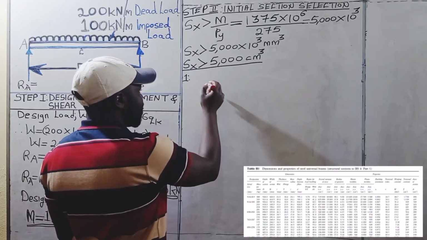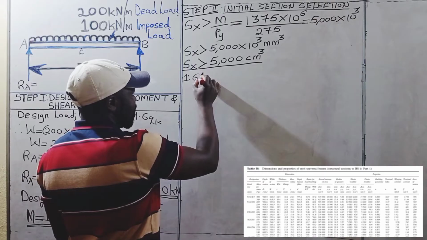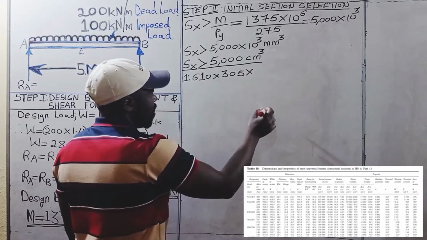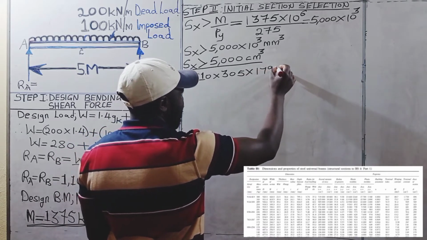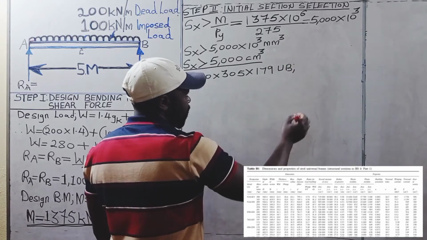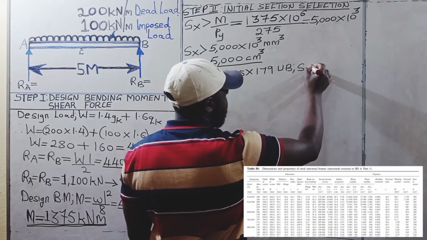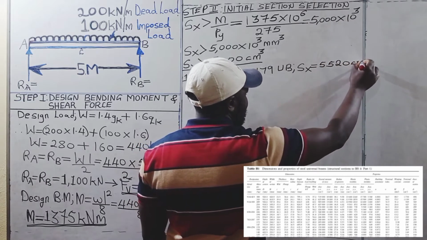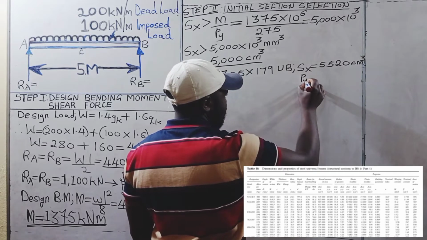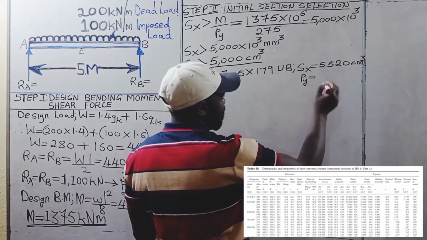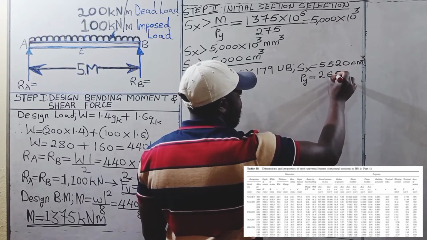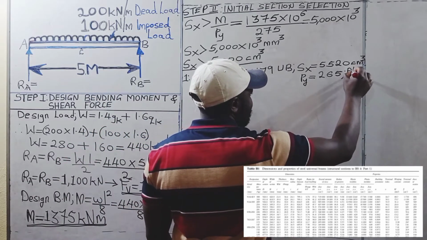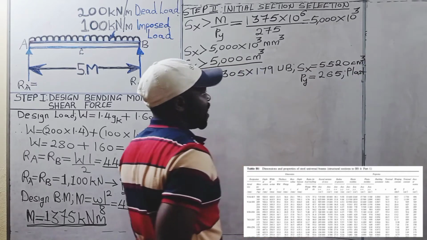The first section that we can select, we have a serial size of 610 by 305 by 179 universal beam section with a plastic modulus of 5,520 cubic centimeters and the steel strength of 265 newtons per square millimeters, and this happens to be classified plastic.